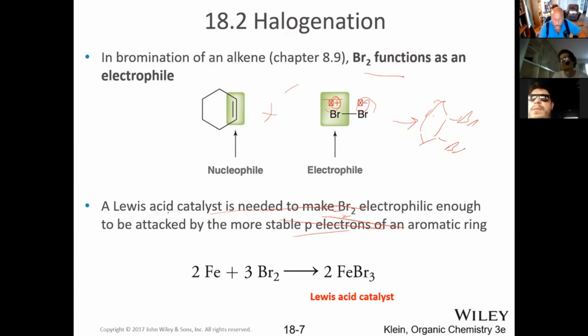whereas you need a catalyst to make it happen, and basically you have the iron and the bromine there, and this is a Lewis acid catalyst that looks like this, with the bromine here, bromine there, and the bromine there, and this is a positive thing, and then the bromine will come in and attack.